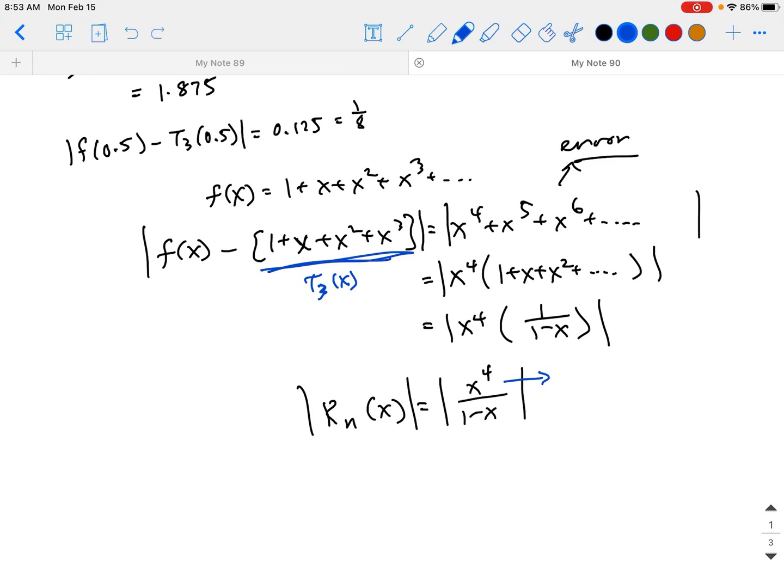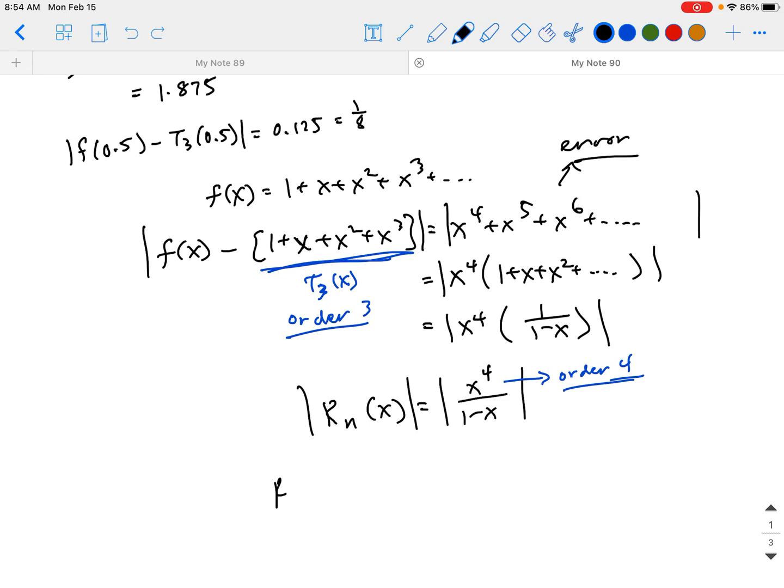It's not the Taylor polynomial itself, but this is going to be order 4, whereas this was order 3. So it looks like in this particular case, our error approximation is going to use an order 4 term in order to find the order 3 error approximation. And so we can test this out.